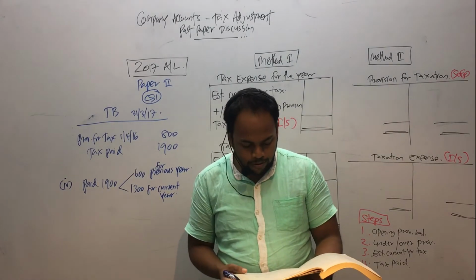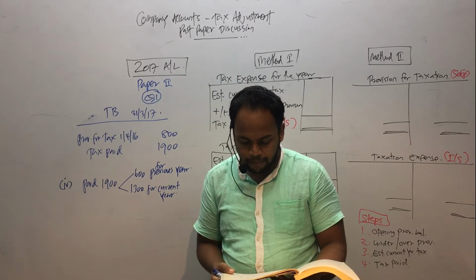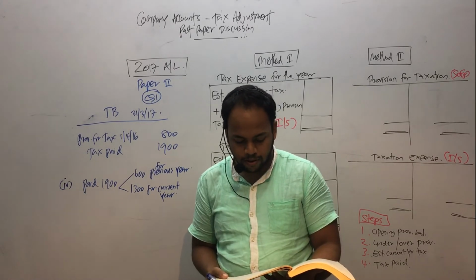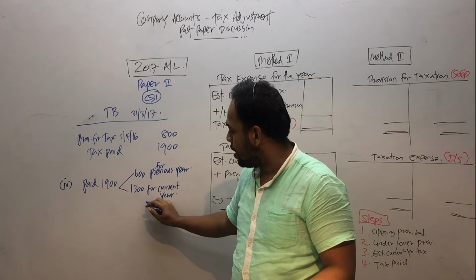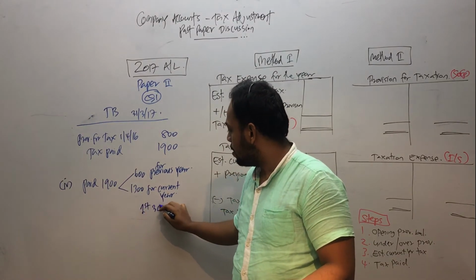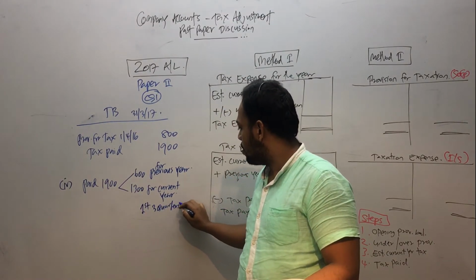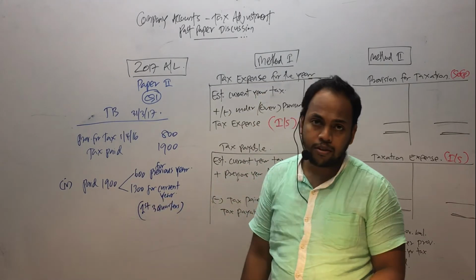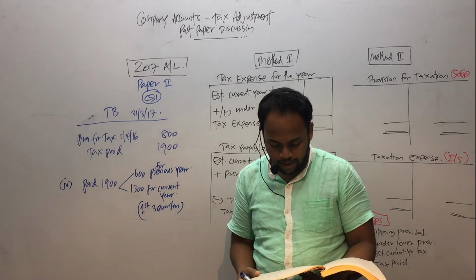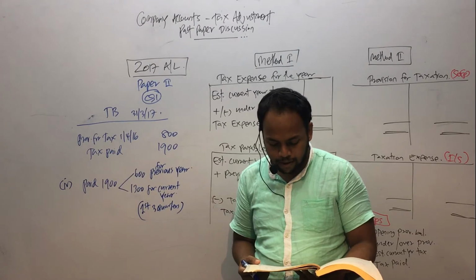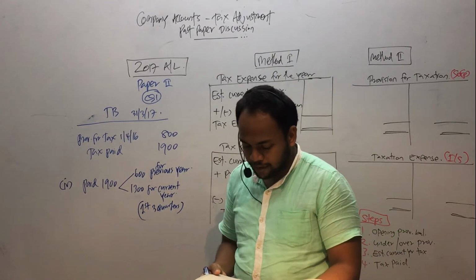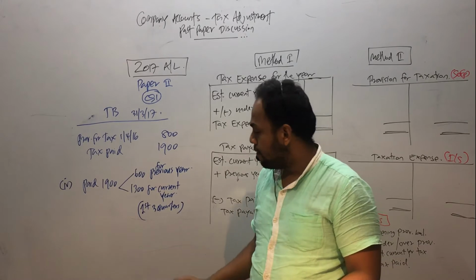The payment was made for the first 3 quarters of the current year, so this 1300 is for the first 3 quarters. Income tax liability of the last quarter of the current year was estimated as 500.